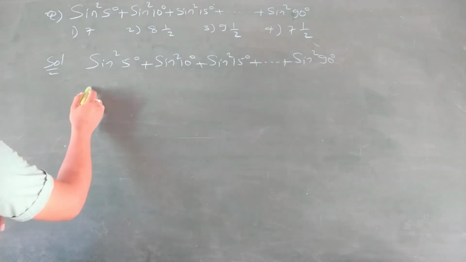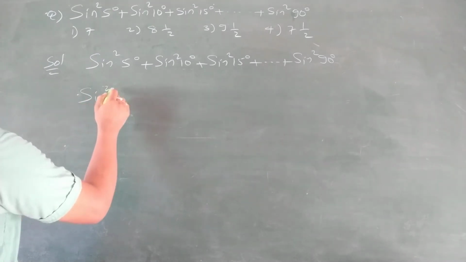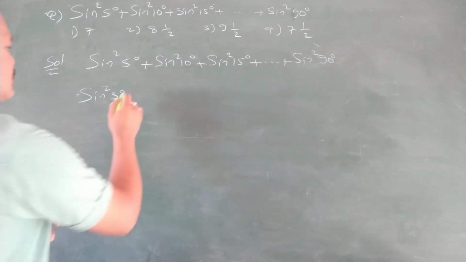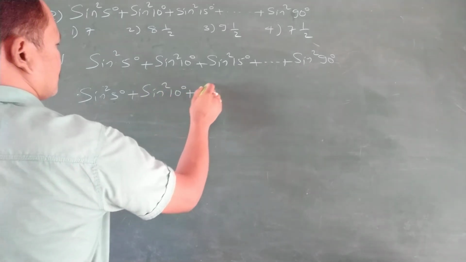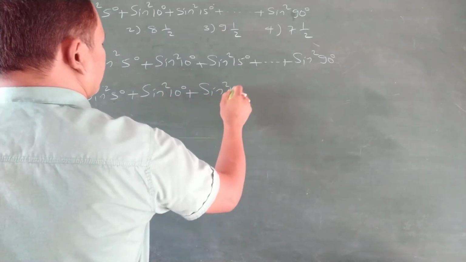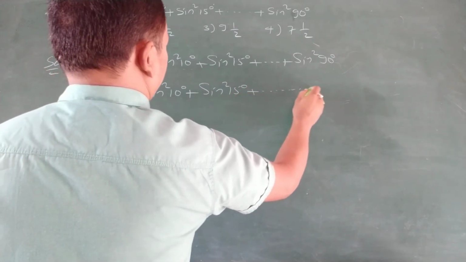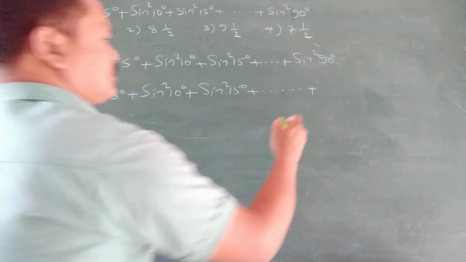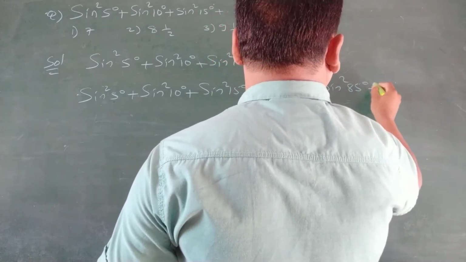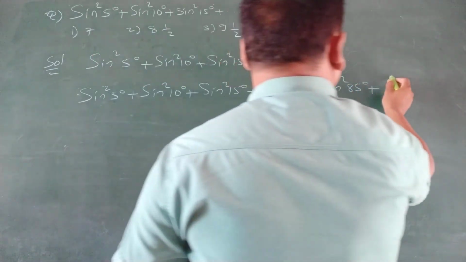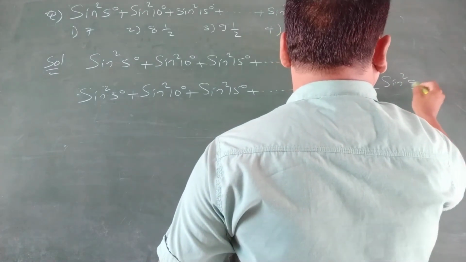That's why we have to write here sin square 5 degrees plus sin square 10 degrees plus sin square 15 degrees plus so on plus, last but one, sin square 85 degrees plus the last, sin square 90 degrees.